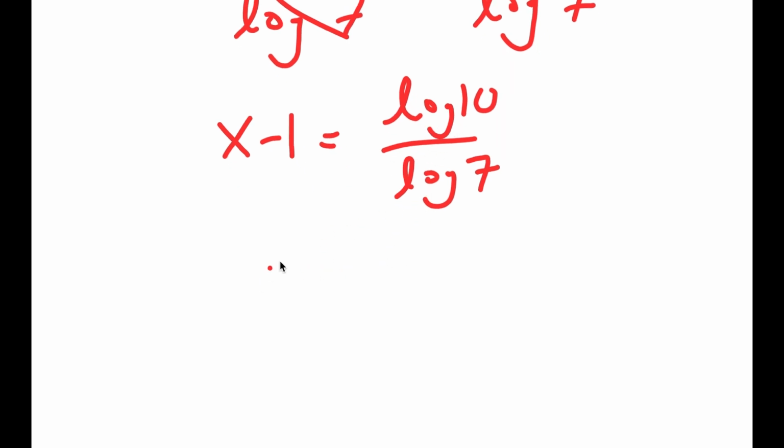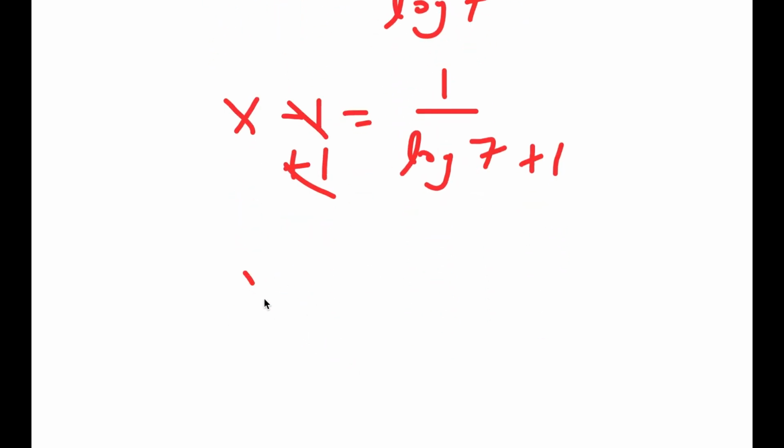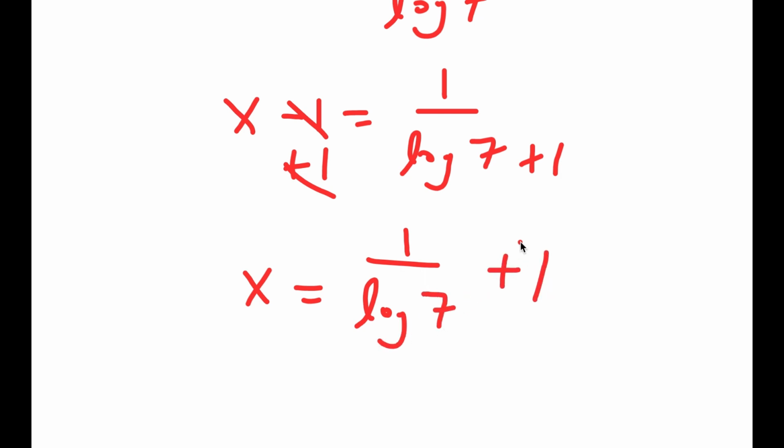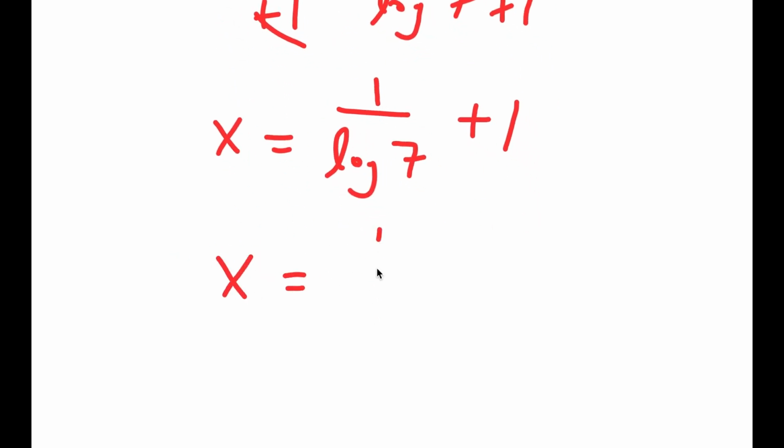Now log 10, that's the same thing as 1, so I have x minus 1 is equal to 1 over log 7, and now I can add 1 on both sides. So I get x is equal to 1 over log 7 plus 1. Now, log 7 is equal to 0.845.